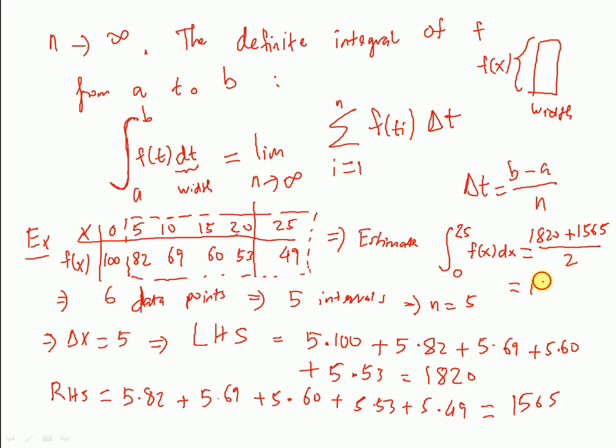And that should give me 1692.5. So the estimation of this definite integral is just the average of the left hand sum and the right hand sum. Take the two values, add them together, and divide that by 2.